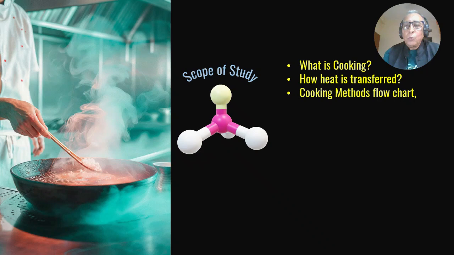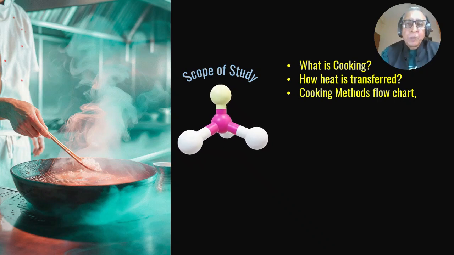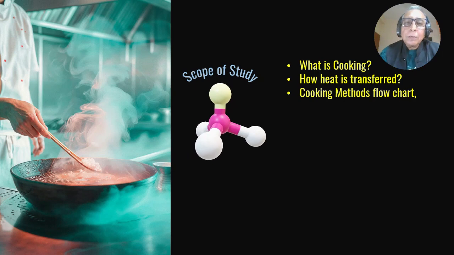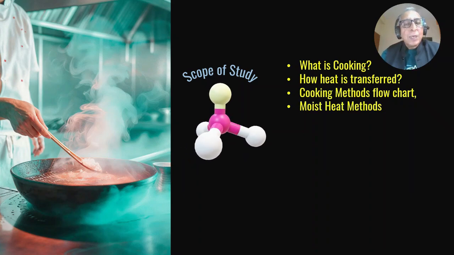And then we are going to discuss the entire cooking methods flow chart. That will be our large area for today: we'll learn all the cooking methods, name them, and create a flow chart so that we can remember it in a specific way. As it is a very large scale discussion, we are going to discuss only some part of it.